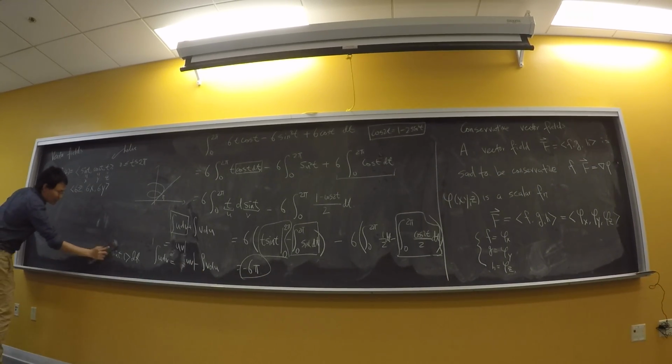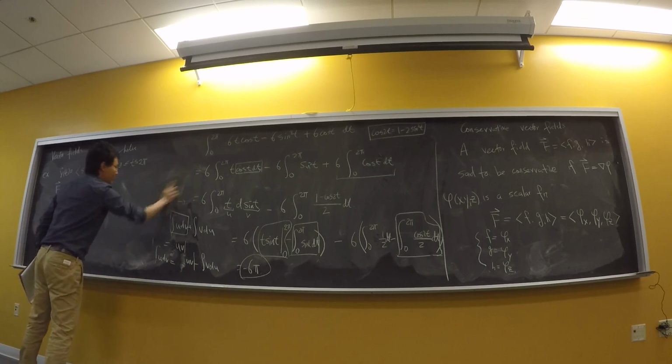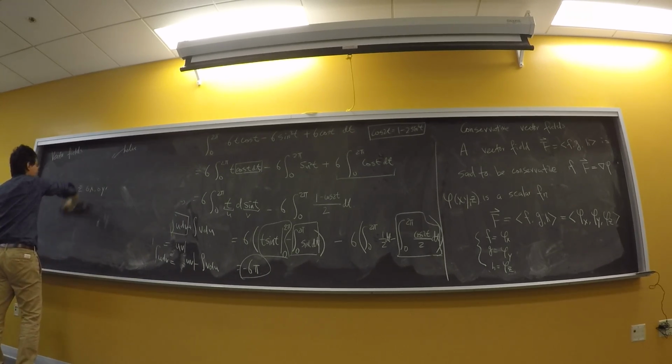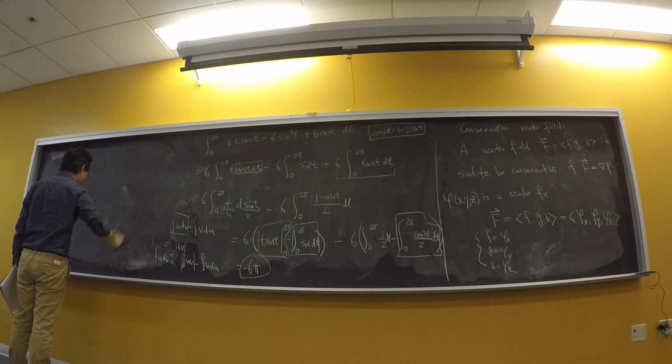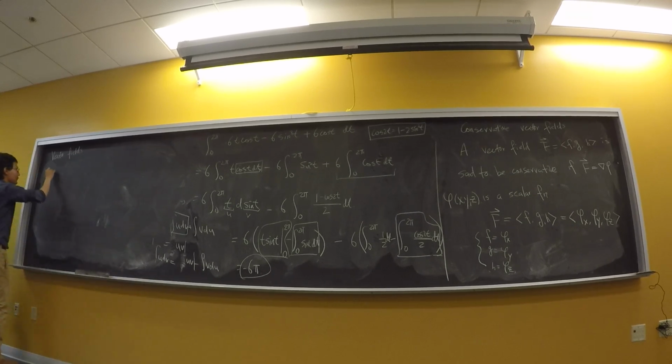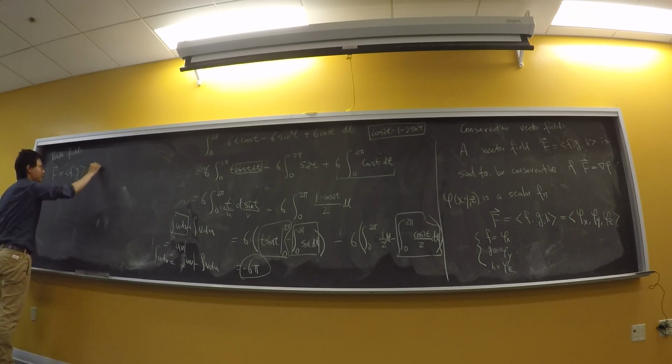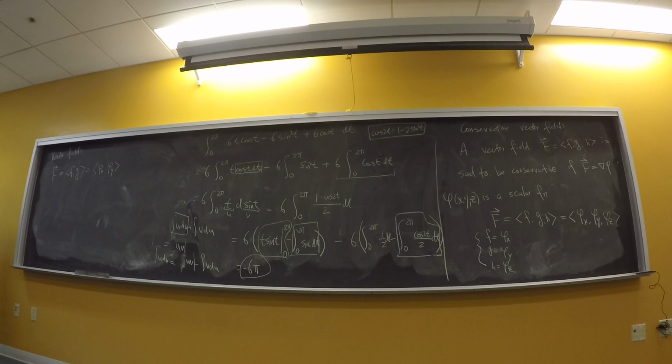In R2, it might be easier. So I want to talk about R2 a little bit, so we can have a rough idea of how to see if a vector field can be written down this way. If I have a vector field in R2, and it can be written as phi x and phi y, the x component is phi x and the y component is phi y.